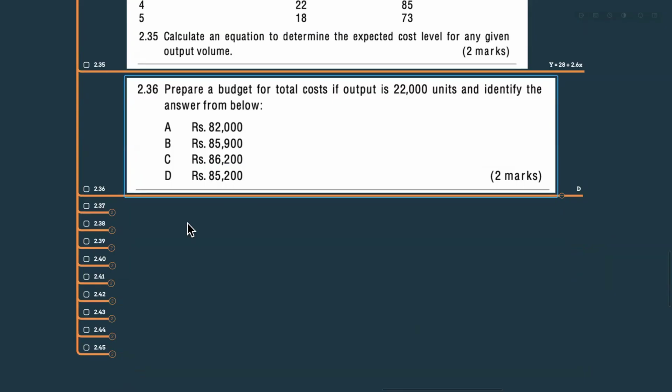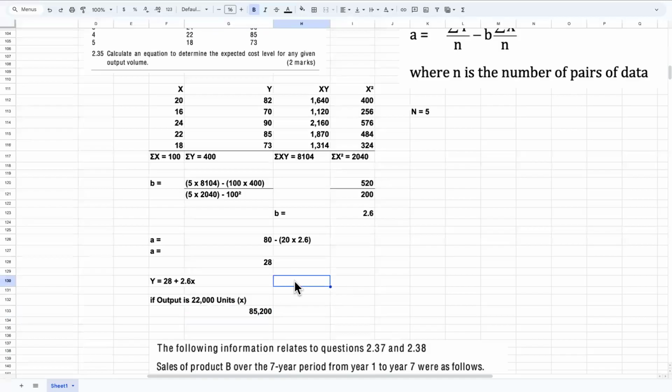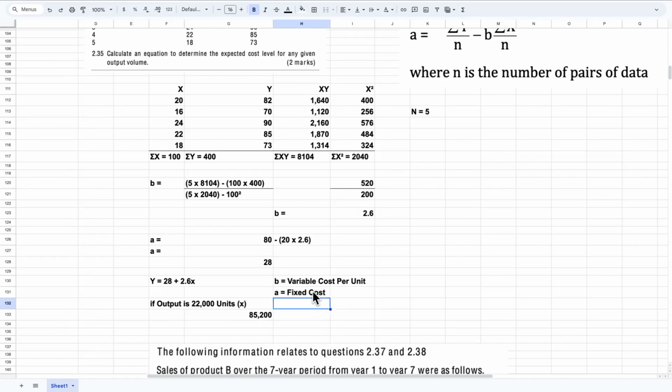As I told you already, B is the variable cost per unit, and A is the fixed cost. Sometimes they can give A in rupees 1000 terms, so you have to understand that. That's why we put 28.